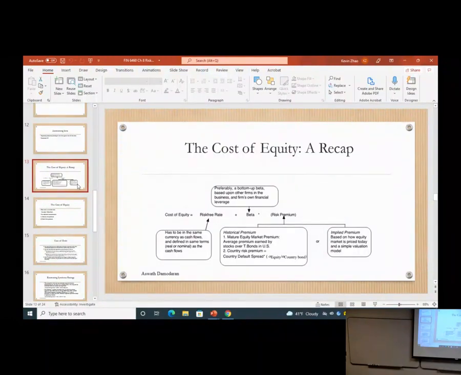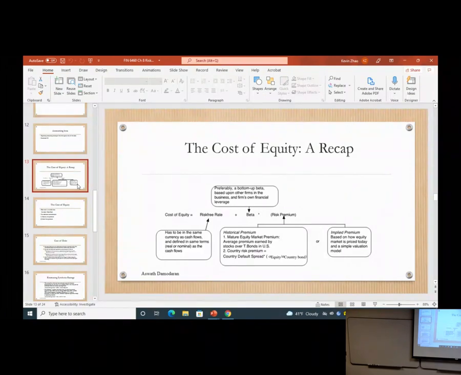Because this is what will happen very soon. And this is more like the marginal cost of debt. And after that, you need to take that tax adjustment to get the after-tax cost of debt, and then put that into your weighted average cost of capital equation.